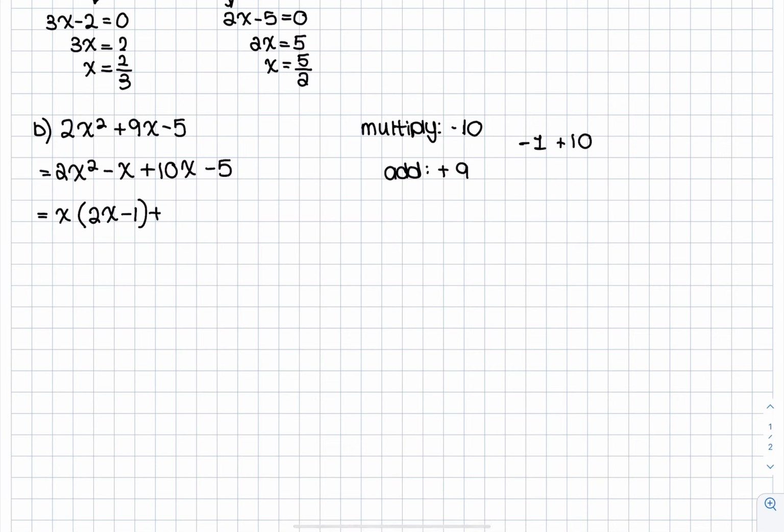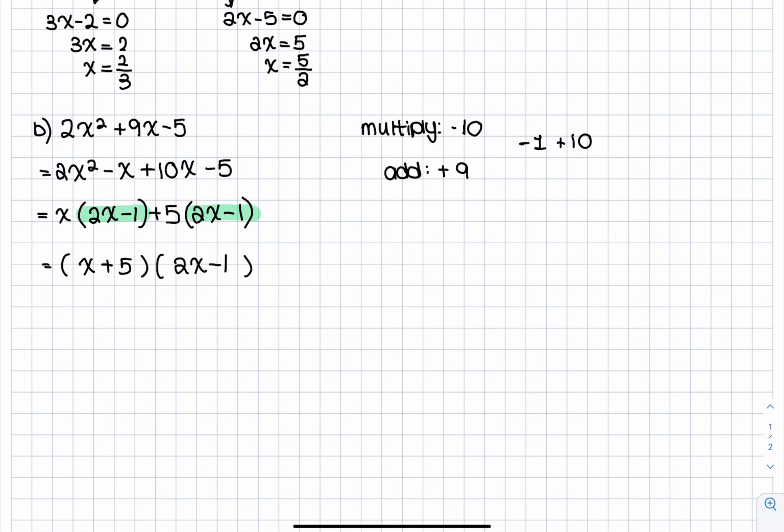So plus 5, that will leave us with 2x minus 1. Once again, we have those two sets of matching brackets, which is what we want. And then our final answer will be in two brackets, one with a 2x minus 1, and the other one with that x plus 5.